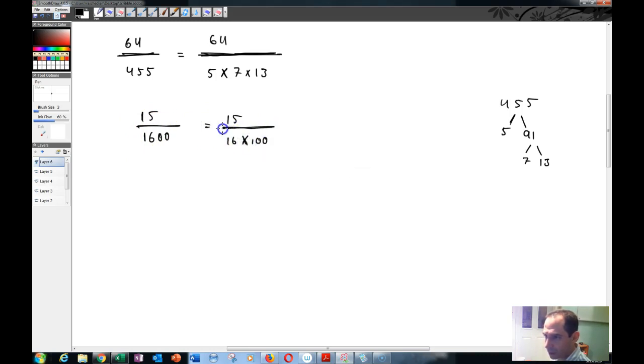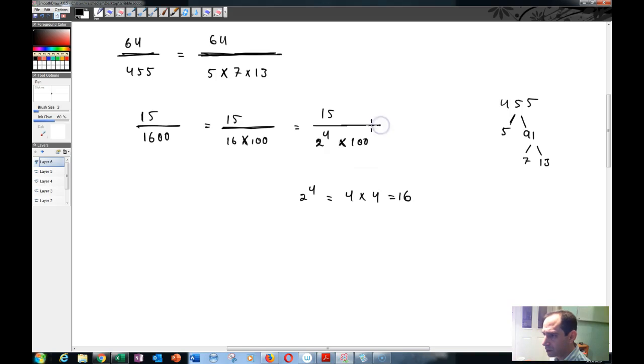And 16 is basically 4 times 4, so 2 raised to the power 4, which is 4 times 4, equal to 16. So it's equal to 15 over 2 raised to the power 4 times 100.